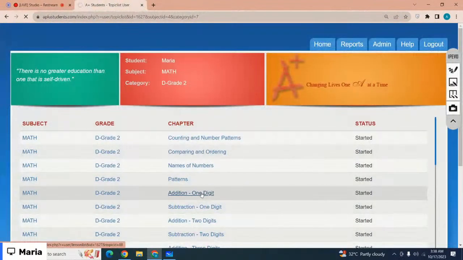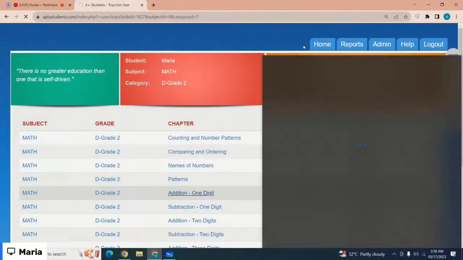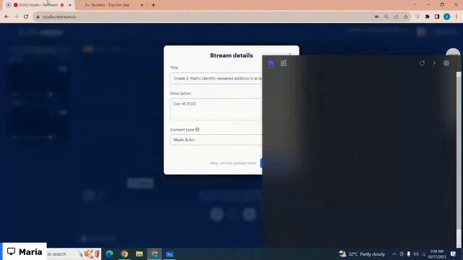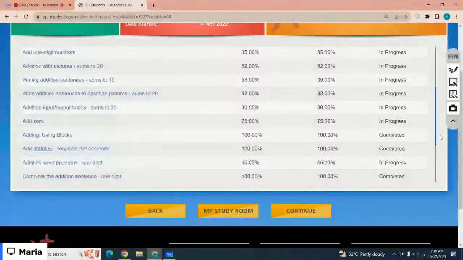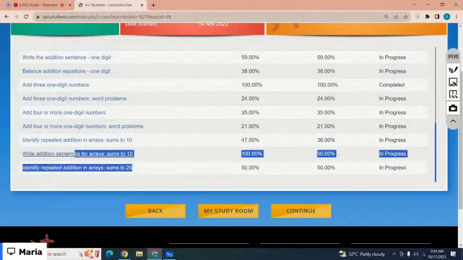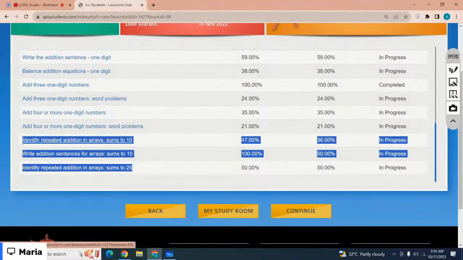So, we have covered from the chapter additions in arrays sums to 10.